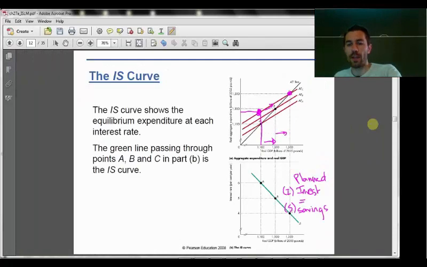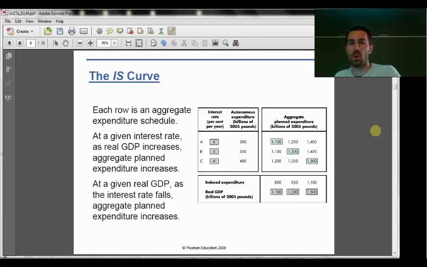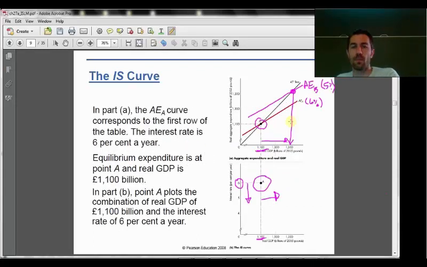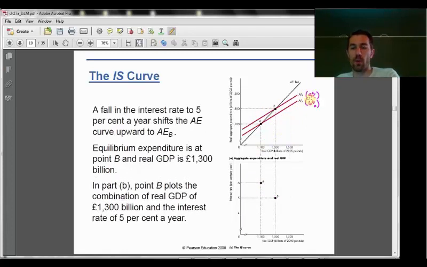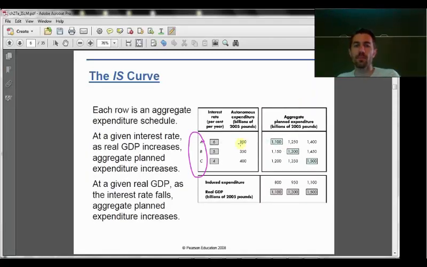Then let me go back to those tables that we saw previously and which are in your textbook. What the table is showing us is that at points A, B, and C in our aggregate expenditure curves, the interest rate is at point A 6%, point B 5%, point C 4%.